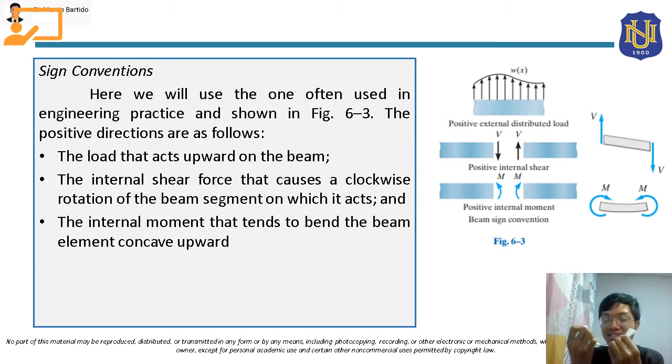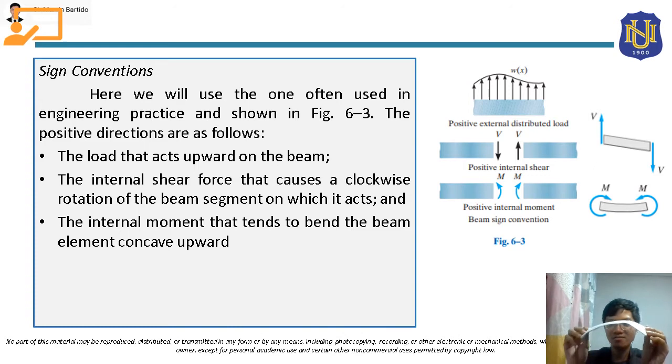So it's smiling. On the other hand, class, if the internal moments are directed oppositely, what happens is that if the moment is applied this way, the beam will bend concave downward, right? So that will be sad. It will be like a sad beam.